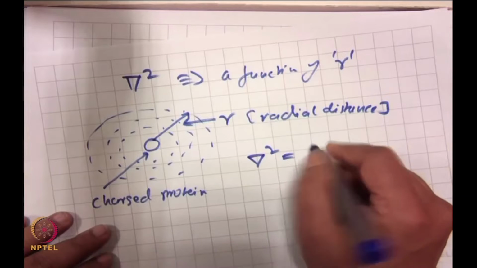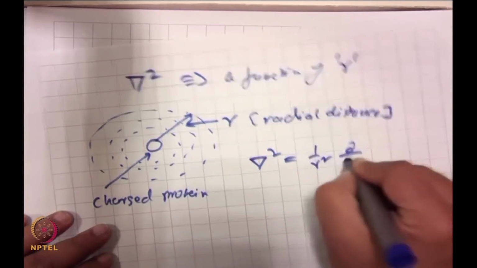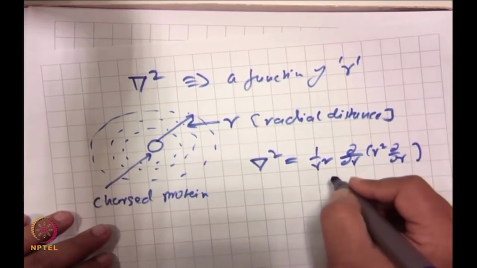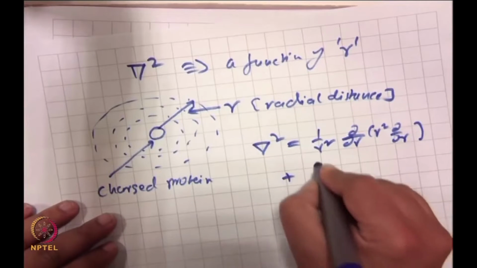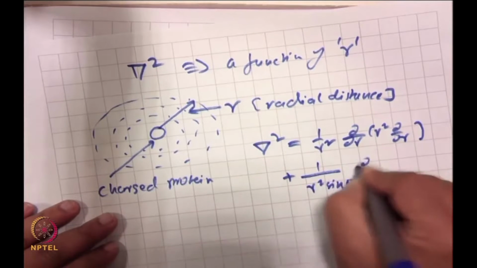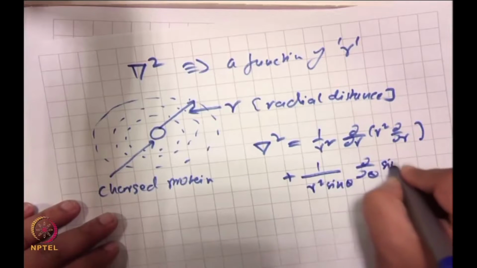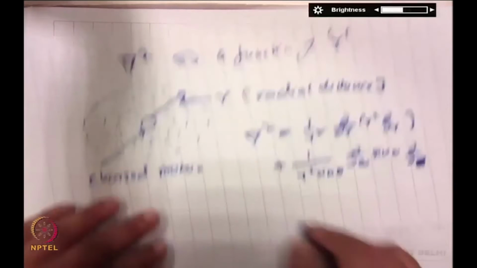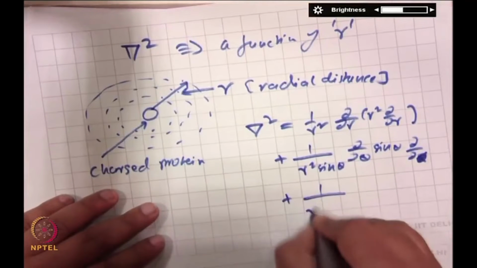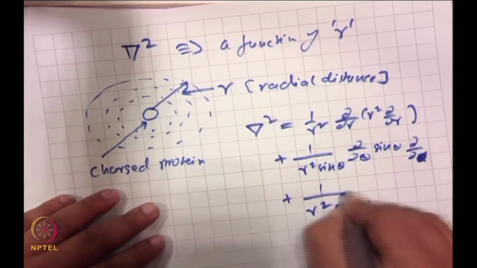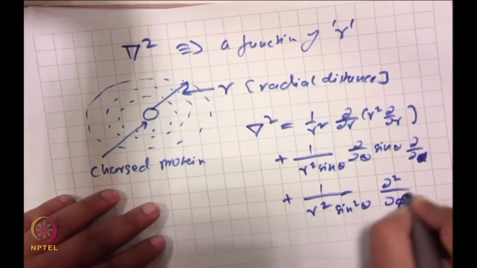First tell me. 1 by r squared, if you remember, del of del r, r squared, del of del r, that was the radial part, plus 1 by r squared sin theta, then del of del theta, sin theta, del of del theta, plus 1 by r squared sin squared theta, then del squared over del phi squared.